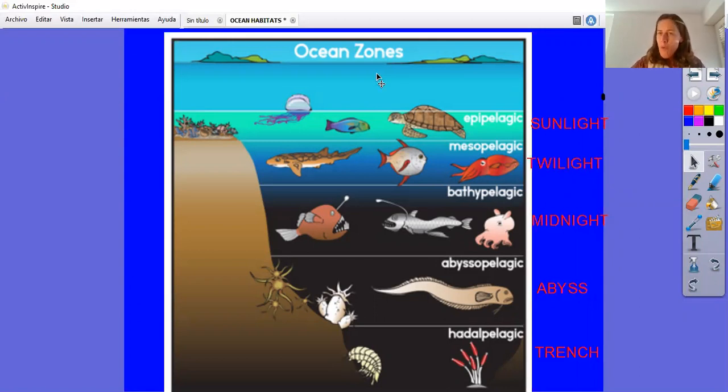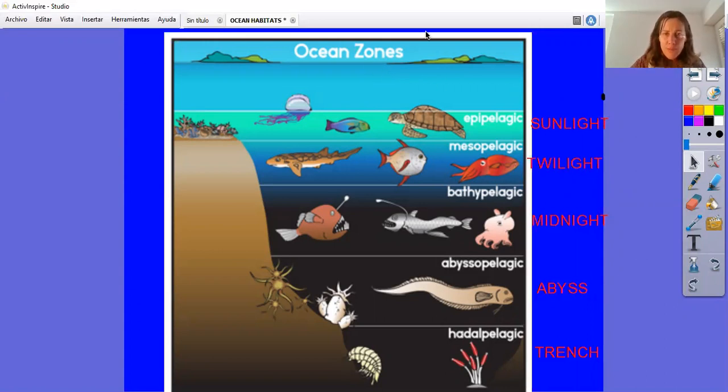And do you know that the ocean has many, many layers? No? Well, I'm going to tell you that. The ocean has 5 zones or layers. Okay? Look at this picture.